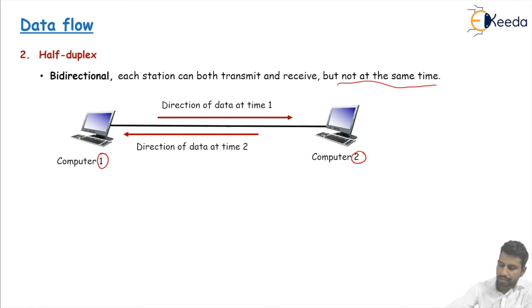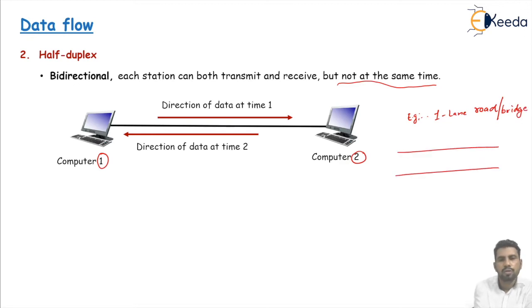It is the same as a one lane road, or you can say a bridge. One bridge on a river. If the vehicle is going from this side and out from this side, the vehicle at this point waits for the bridge to be crossed by the vehicle coming from the other side.